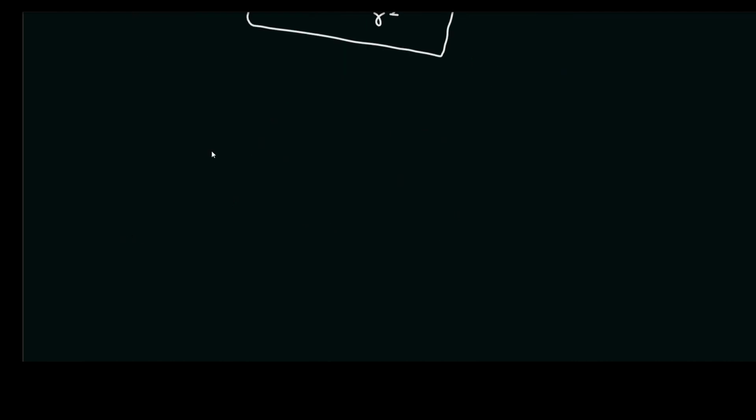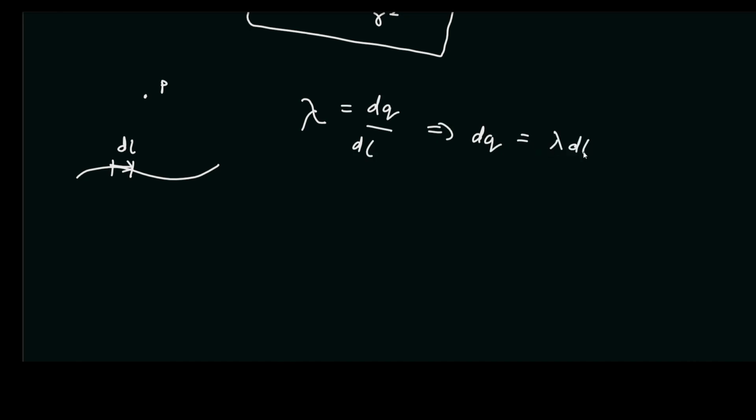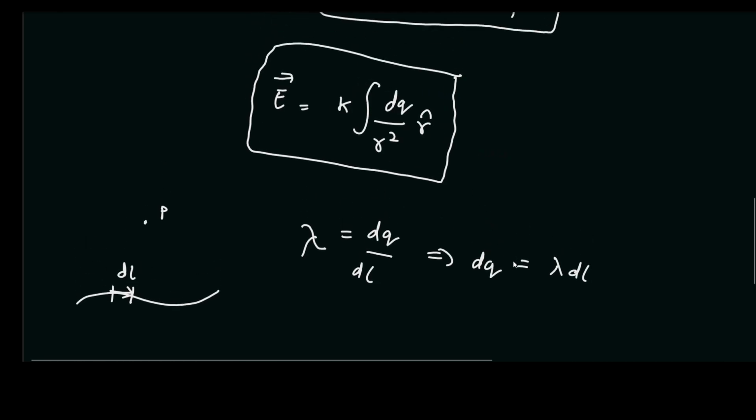Now let us take a look at continuous line charge like this, and we want to calculate an electric field at the point P. Then we can consider a small length element dl. Let's say this line charge has a charge per unit length of lambda. Then lambda will be equal to dq upon dl. Then we can write dq as lambda dl. So we can substitute lambda dl in the place of dq in our equation.